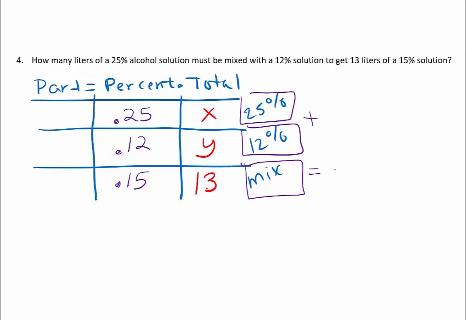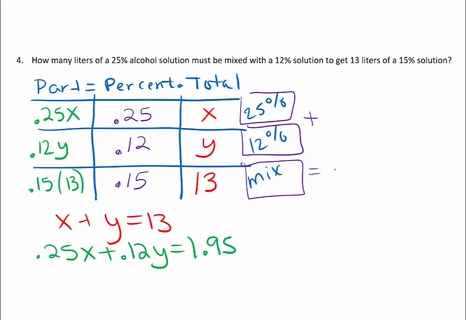The things that I'm solving for here are the total amount of the 25% solution, the total amount of the 12% solution. I know I need that mixture to total 13 liters. To fill in my part column, I use that relationship. Percent times total equals the part or the fraction of the solution that is alcohol.